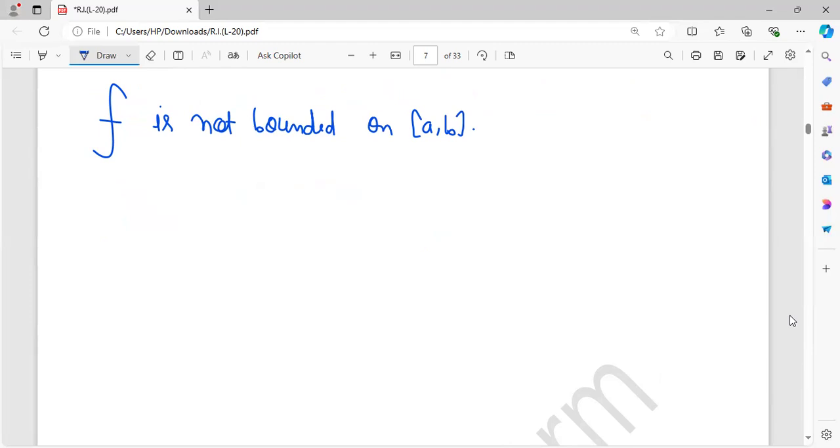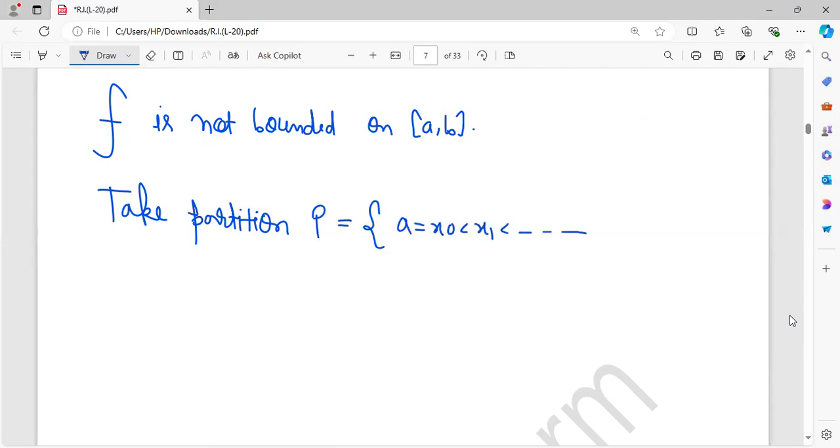Now take partition P equal to {a = x0, x1, ..., xn = b}. Okay.